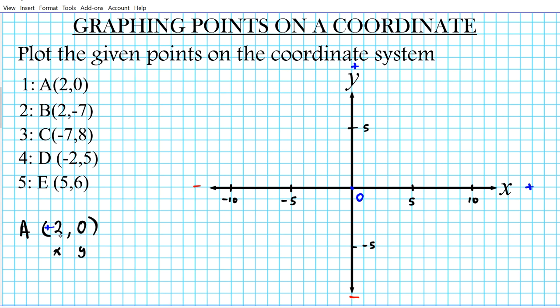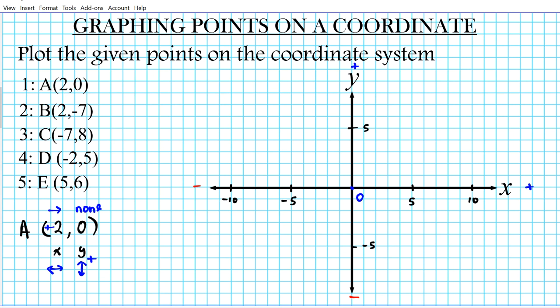So positive 2 means that you move 2 in the x direction, which means you're going to go 2 units to the right for your horizontal move. And then in the y direction, it's 0, which means that you have no moves up or down. Remember, x is side to side, and y is up and down.